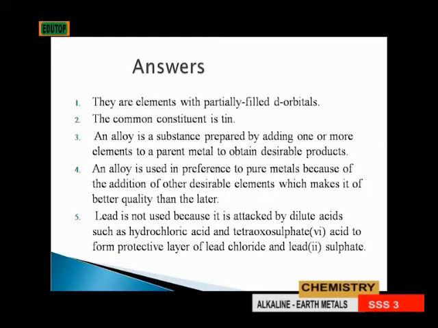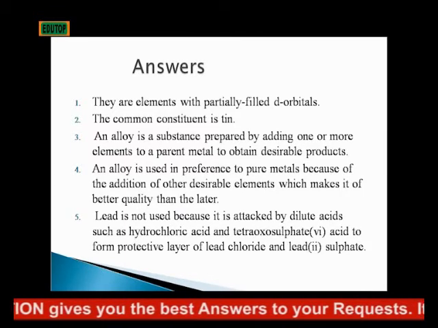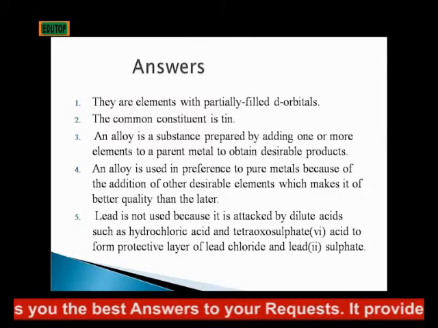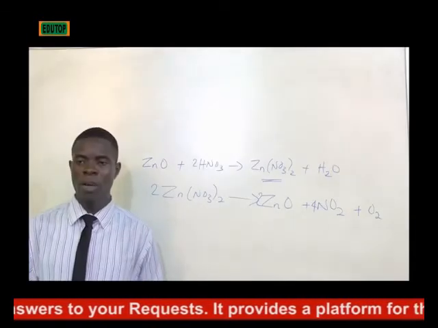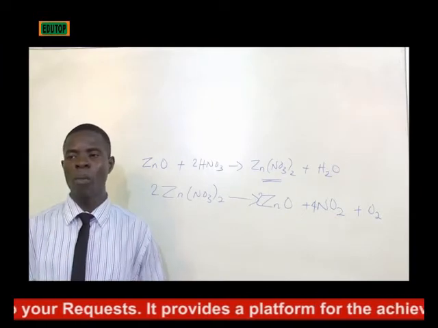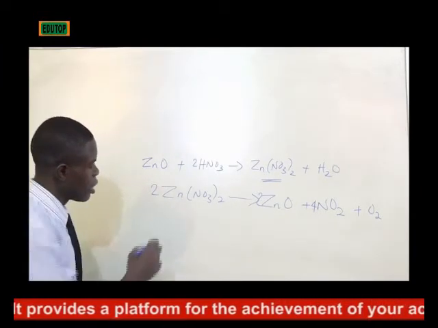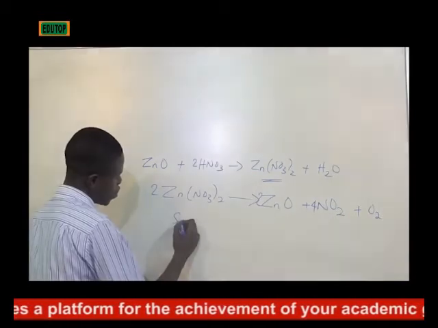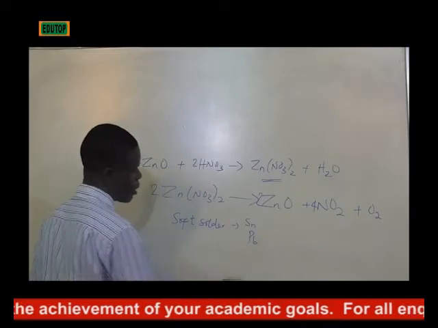Answers. Transition elements are elements or metals with partially filled d orbitals. Question 2. Which of the constituents is common to soft solder and bronze? In the case of soft solder, you have tin and lead.